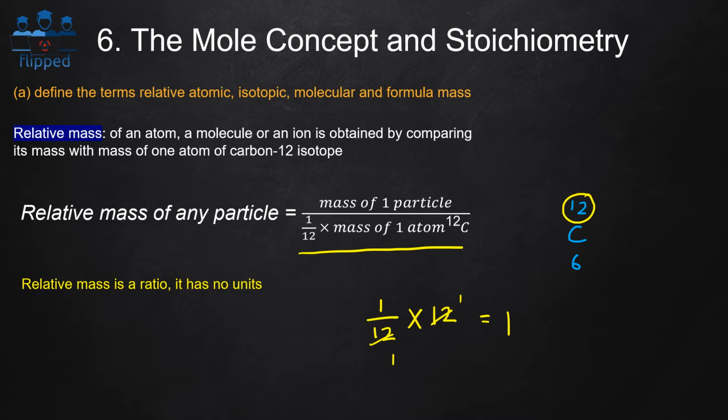This is a very layman way of explaining, but I hope this makes sense to you. I know 12C is being used, so 1/12 times 12 is 1. Whatever the mass of my particle is, be it an atom, a molecule, or ion, I'm using that to divide by 1, and that is the relative mass of my particle. So this formula applies for many things, which we will see right now.